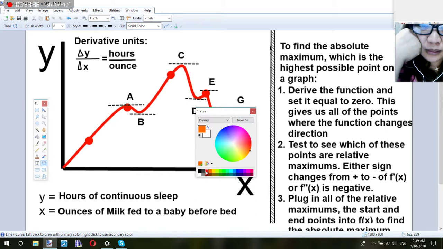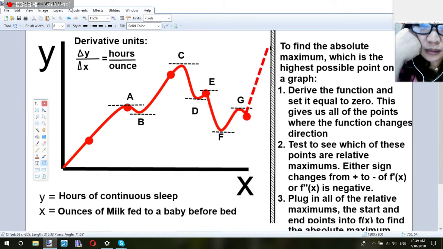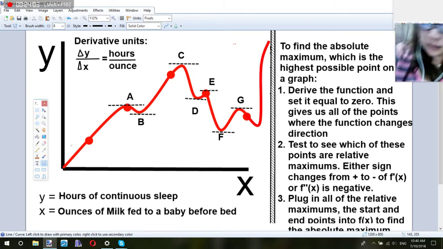If my function did this, so came back up afterwards, even though this is not a relative maximum or minimum, my highest point is now at the end, right? Okay, that would throw us off. So in case this happens, I also need to test the start point and the end point. Once we plug in all of our relative maximums, the start point and the end point, the highest y value out of all of those will be the absolute maximum value.